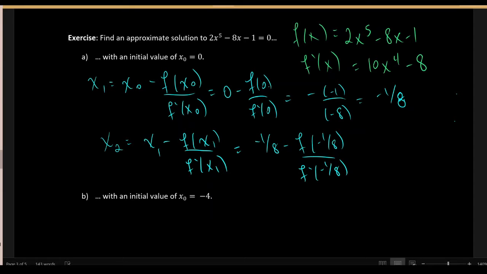And I'm going to link a video in Canvas and in the description showing you how to implement Newton's method using your TI-83-84. But in this video, what I'm going to show you is how to implement this method using Google Sheets. Because I think of all the options, Google Sheets is one of the few that's freely available and somewhat accessible and doesn't require much coding knowledge.